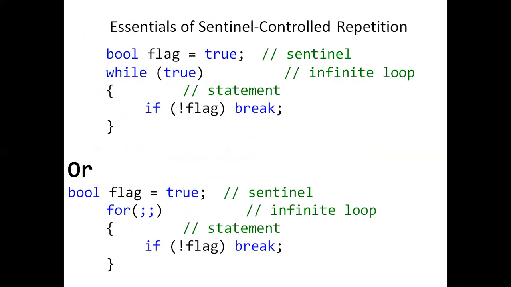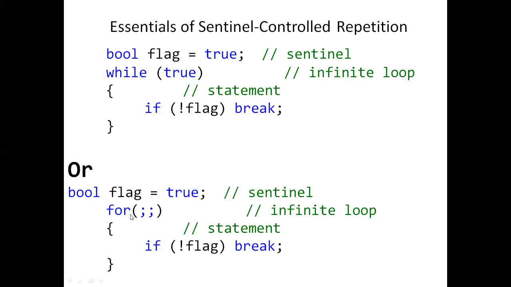Then another useful case is when we sometimes use an infinite loop. For example, here is while true, which means it never terminates, but the only difference is if the flag is not true, it will break. You can control this flag from outside.